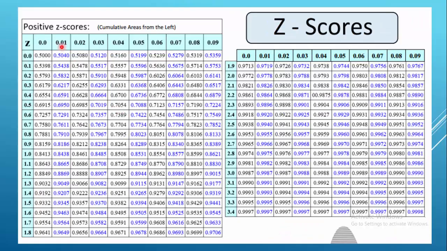And this is the positive z-score table. Cumulative areas from the left, again the same thing, but here the values of z are positive. Here is how to read this table, as we will see.